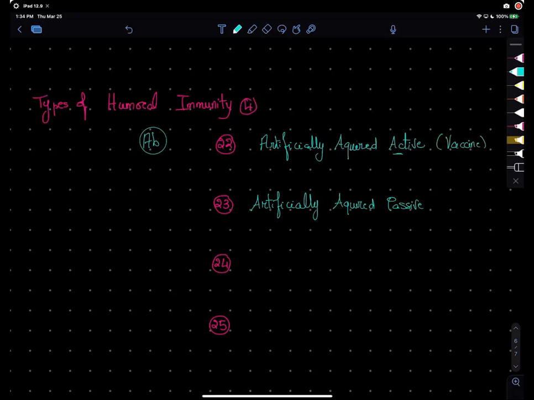Yeah, donate blood, donate plasma. Why do we urge people to donate plasma after they recover from the infection?